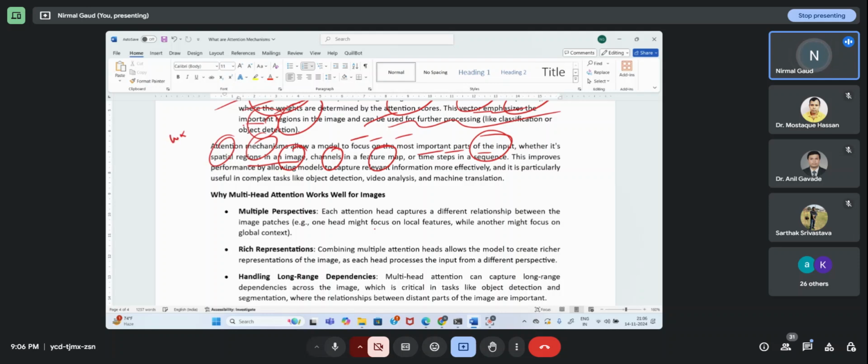Whether it is in width into height or present in the channel, you can use it according to the attention mechanism which you are using. So that's the reason I'm using multi-head. I'm not specific about spatial or channel. No, use multi-head. That means all these multiple attentions will come under multi-head.